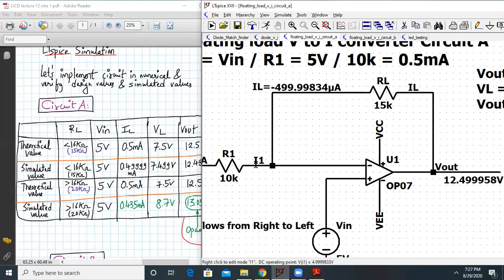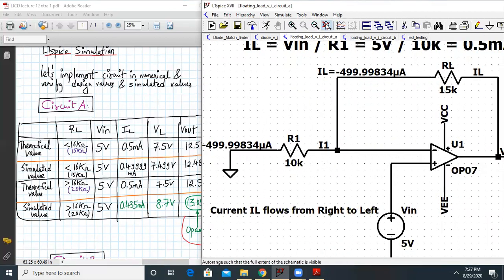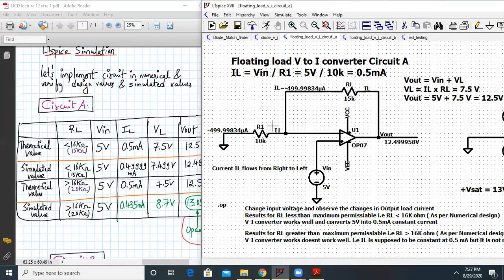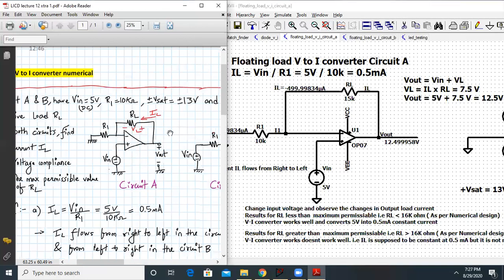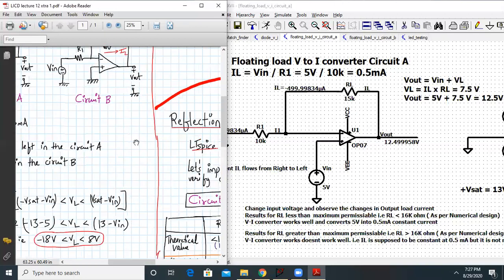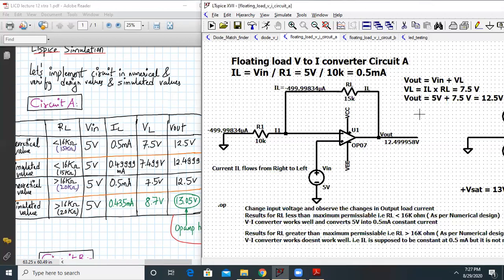Here also, as you can see, the same current flows through the resistor RL and the resistor R1 also. The current is in the inward direction, I mean, from right to left. That's why we are getting the minus sign. So that's absolutely correct. And the value of V out is coming out to be 12.4999. And VL is coming out to be 7.499. So that's how we are getting it.